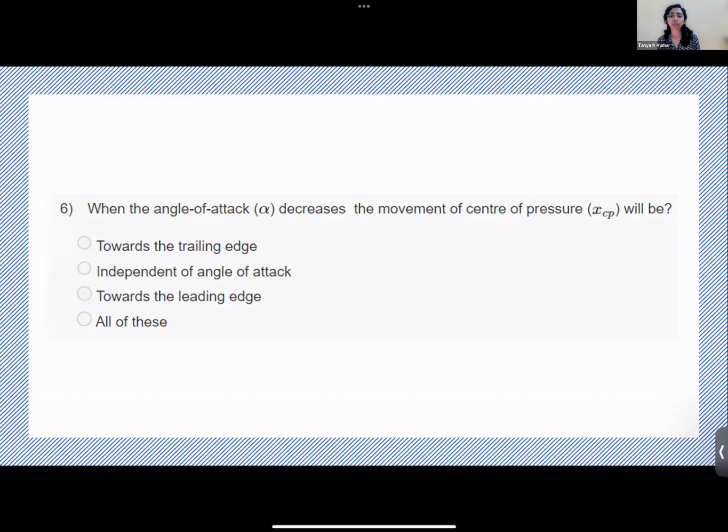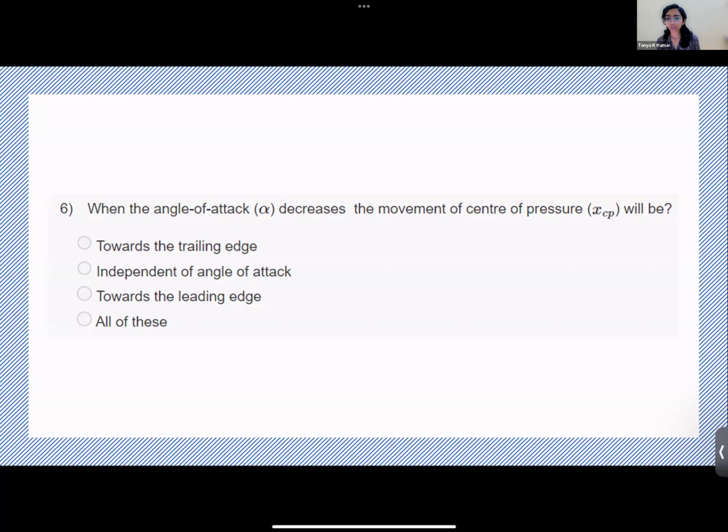Okay, so can one of you try and tell me the answer of this question and try to justify it? What's the trailing edge? Can you tell me why?